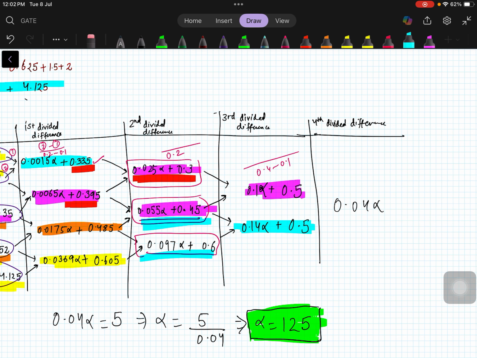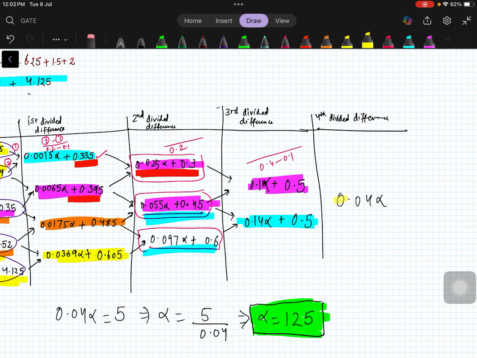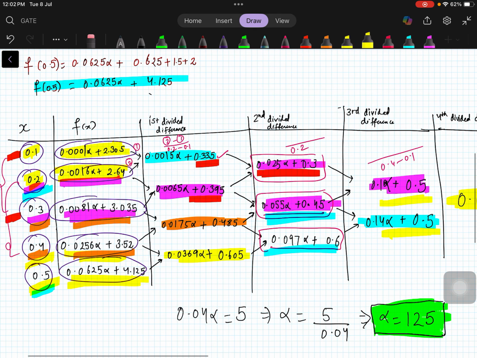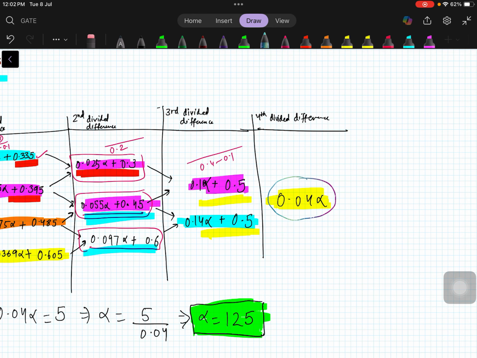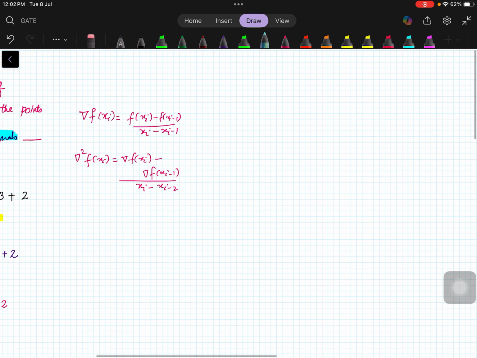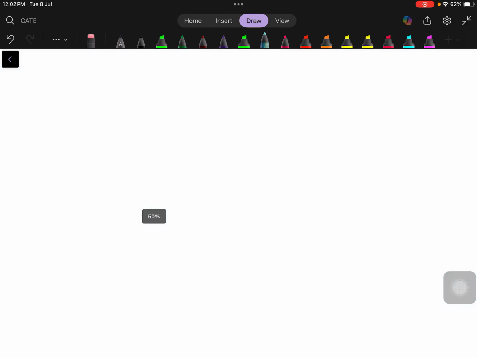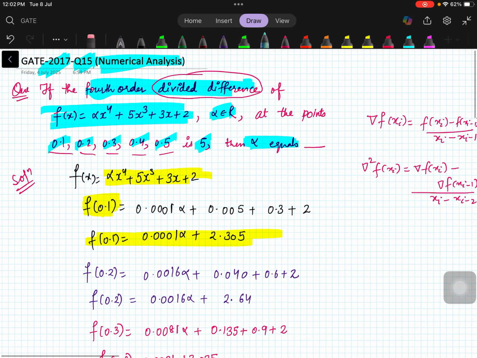And the last quantity would be this minus this divided by 0.5 minus 0.1. So this is our fourth order divided difference, and they gave us the value of the fourth order divided difference as 5.